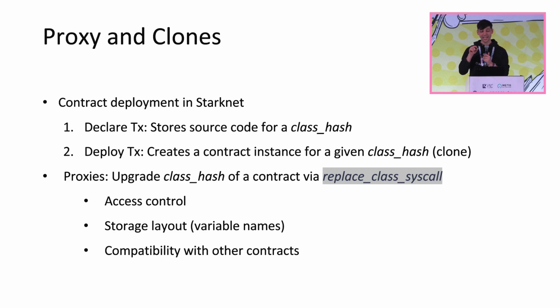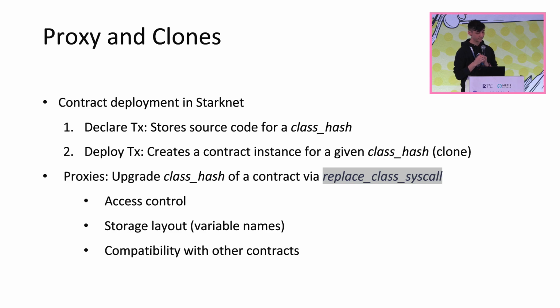But when you declare it, it does not deploy a contract. You have to do a second step, which is a deploy transaction that links the contract address to one of the class hashes.